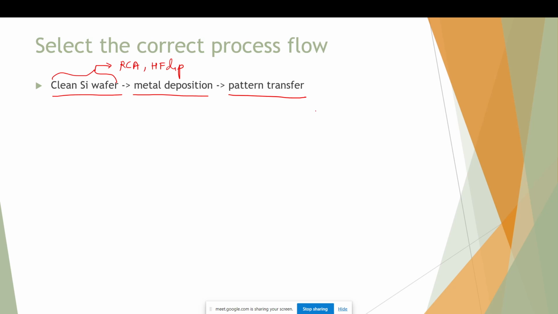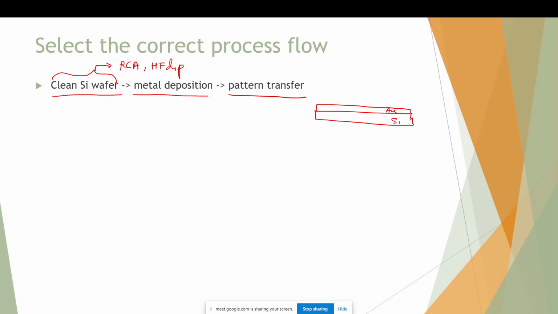So basically what I'm saying is, if this is the cross-sectional view, this is my silicon. I am putting some metal by some sputtering or CVD step. Say I put gold, and then I do a pattern transfer. By pattern transfer, I mean the lithography and etching step.